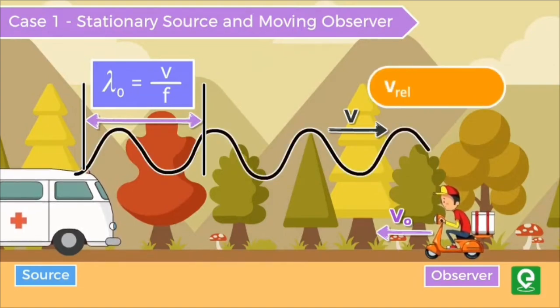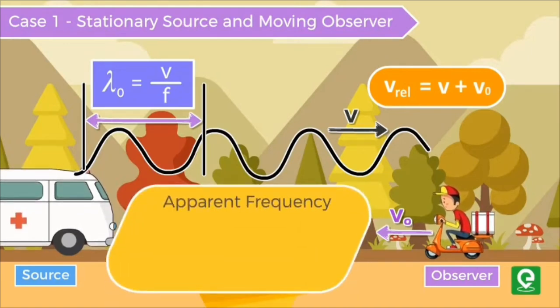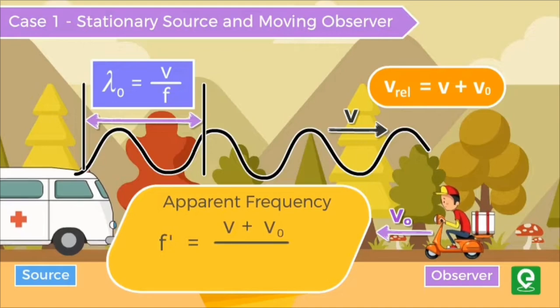Therefore, the relative velocity with which the sound of wavelength λ0 will approach the observer will be v + v0. Thus, the apparent frequency of sound heard by the observer, f' = (v + v0)/λ0. By substituting the value of λ0, we get f' = ((v + v0)/v) × f.